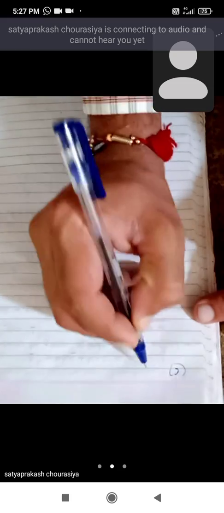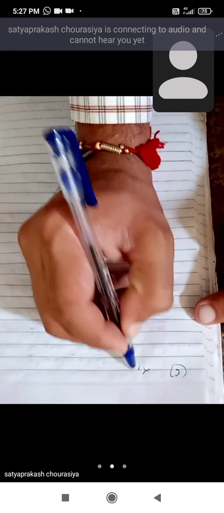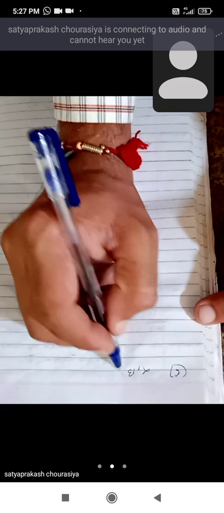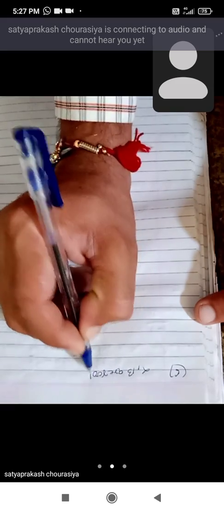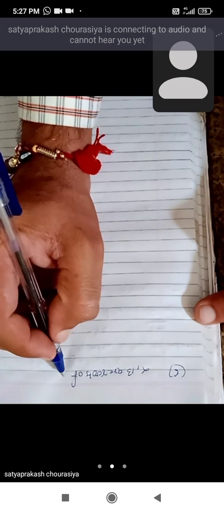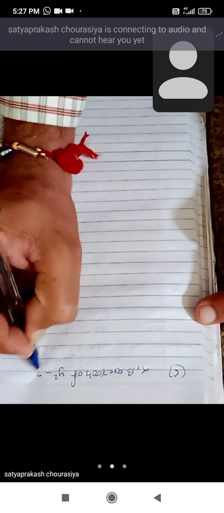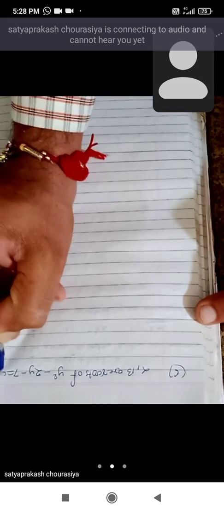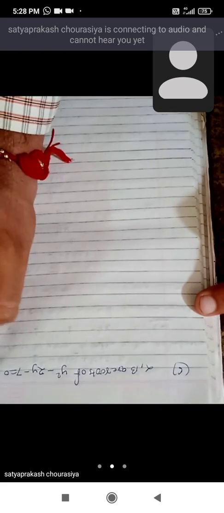Question number 6. Alpha and beta are the roots of y square minus 2y minus 7 is equal to 0. Find.